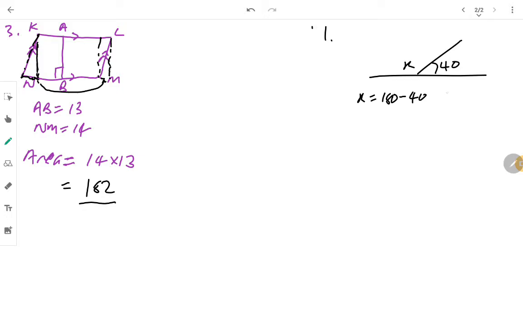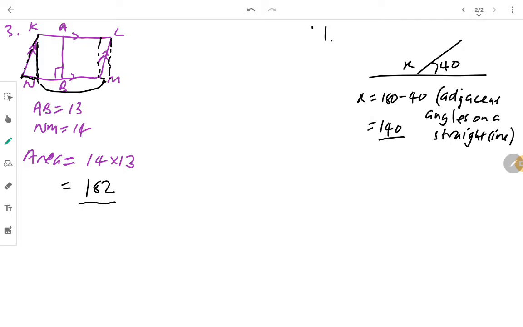Therefore x is 140 degrees. You can write angles on a straight line as supplementary, that's fine, or just adjacent angles. That's what we used to do in grade 8.